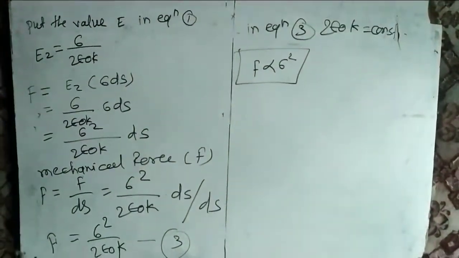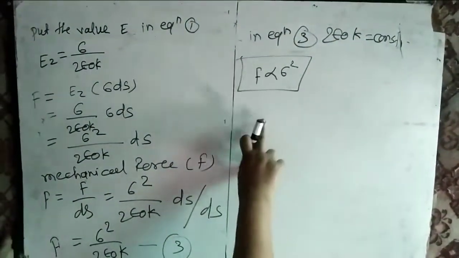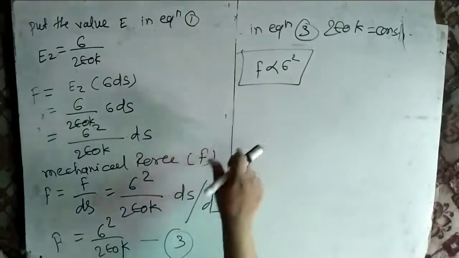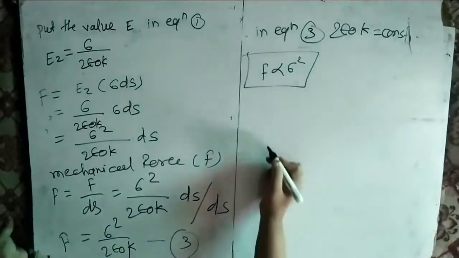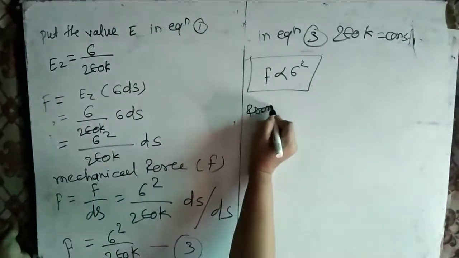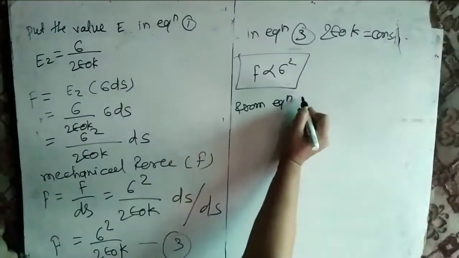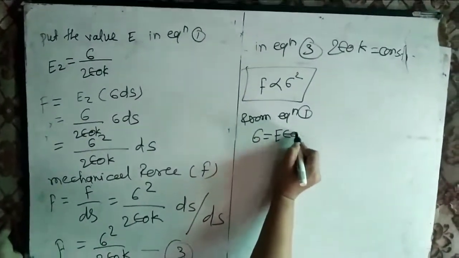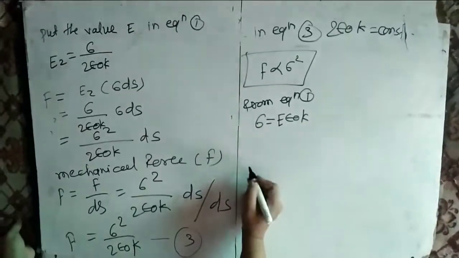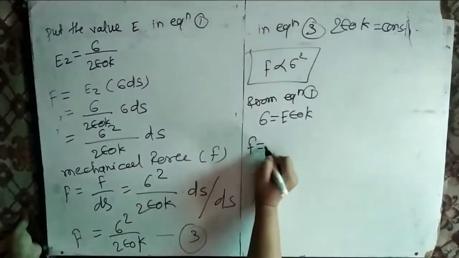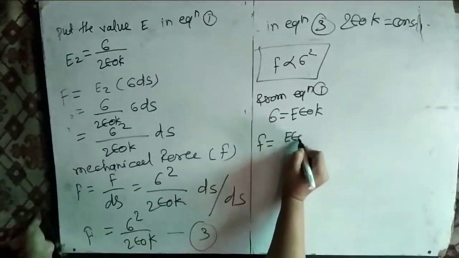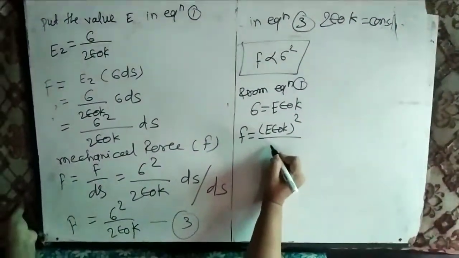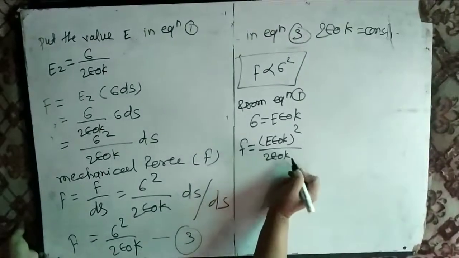Now in equation third, 2 epsilon 0 k is constant, so f is directly proportional to sigma square. From equation first, sigma is equal to E epsilon 0 k. So the mechanical force f is equal to (E epsilon 0 k) square divided by 2 epsilon 0 k.